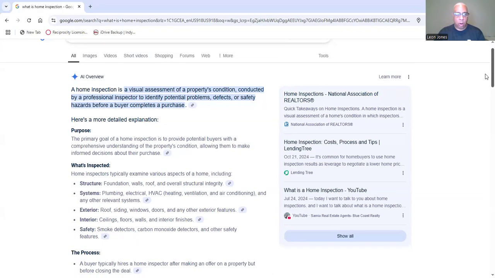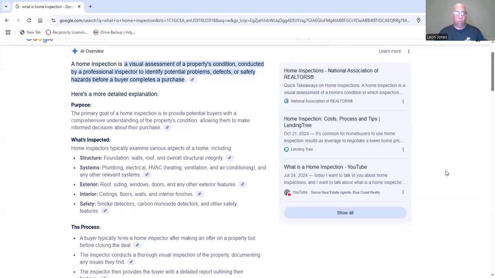Now, the purpose of a home inspection, I'm going to give you a little bit more detail, is home inspectors typically examine various, I didn't say every, the word various means something, but various aspects of a home. And that includes the structure, foundation, the walls, the roof, and the overall structural integrity.